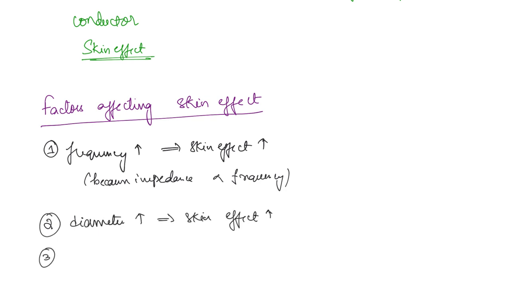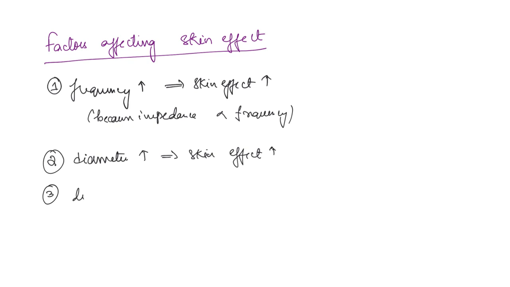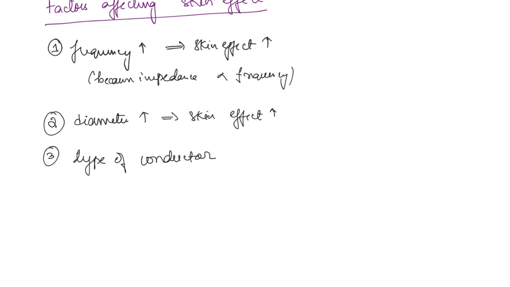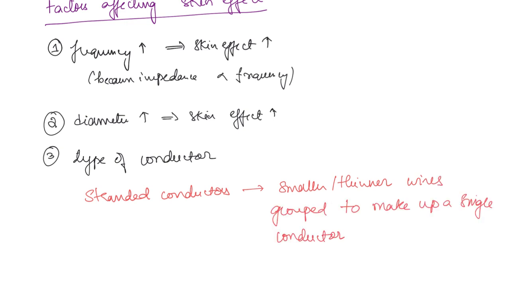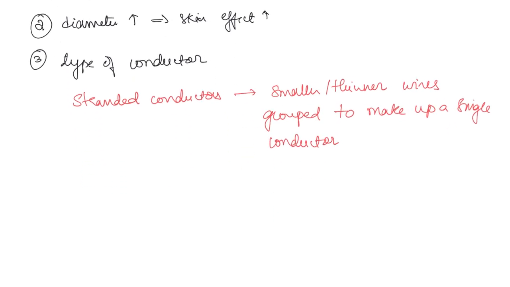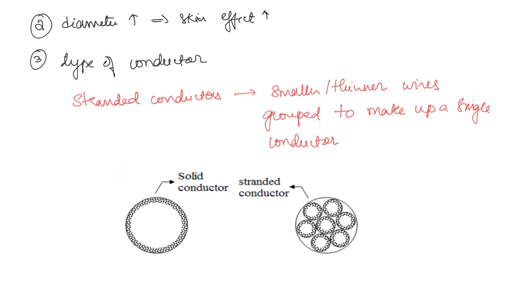And the third factor is the type of conductor. Here we will see something called stranded conductors. These are nothing but smaller or thinner wires which are grouped together to form a single conductor. The stranded conductors are going to reduce the skin effect. Why is that? You can see from this picture.